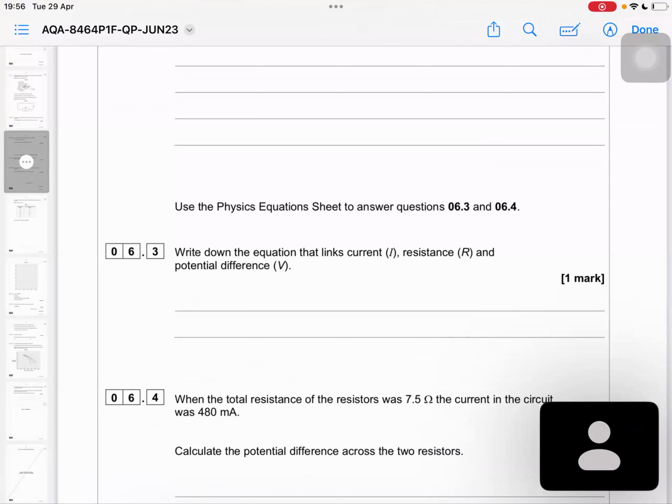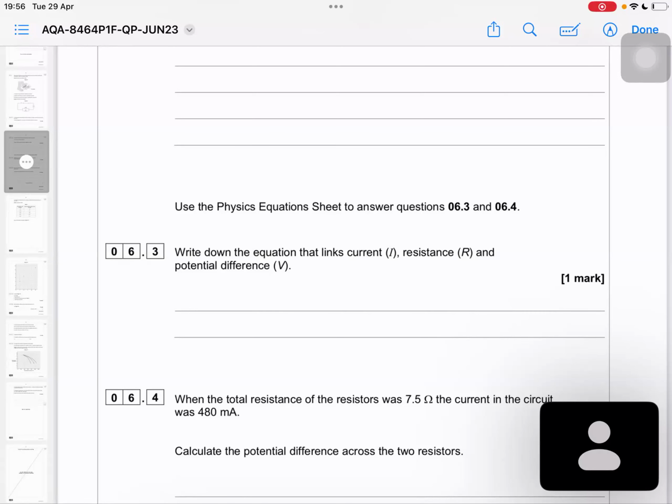Okay, it says write down the equation that links current, resistance, and potential difference, which is another name for the voltage, that's V. So the formula for that one is V equals I times R. So that's the formula that links them. Then the next one says when the total resistance of the resistors was 7.5 ohms, the current in the circuit was 480 milliamperes.